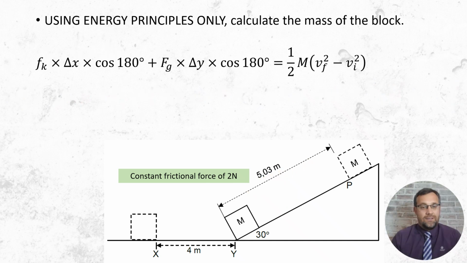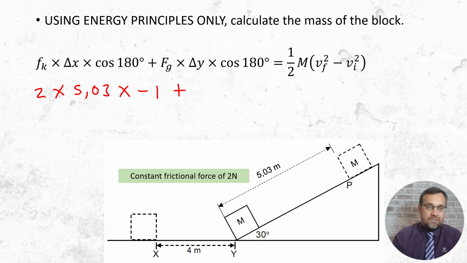So let's substitute our values. Our frictional force is 2 newtons times 5,03 times the cos of 180, which is -1, plus Fg, which is the mass times gravity. The mass is capital letter M. Gravity is 9,8 times delta y.